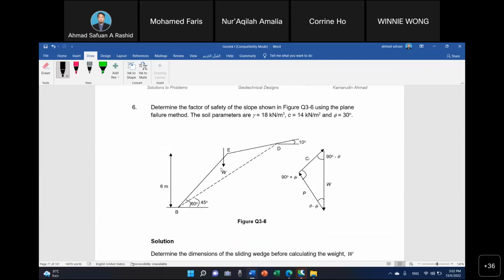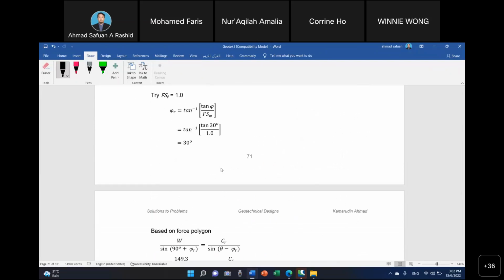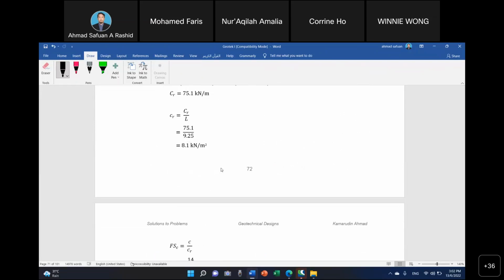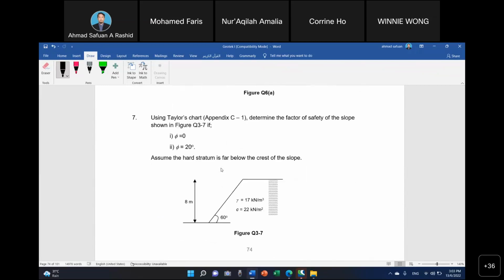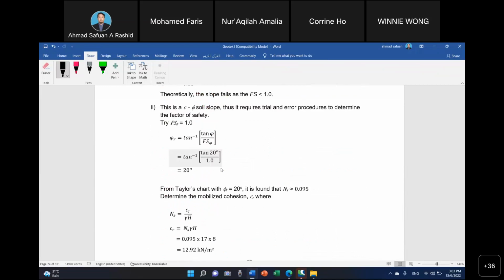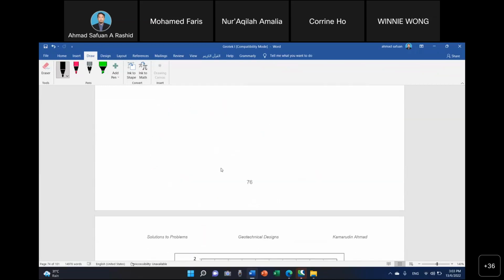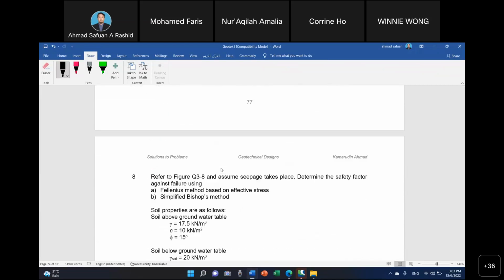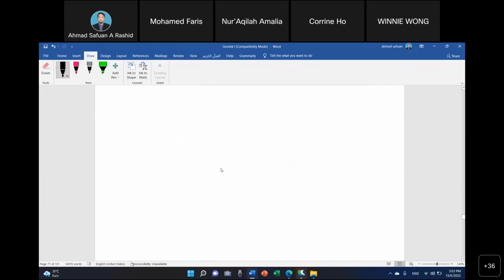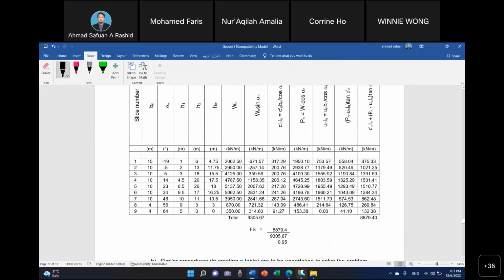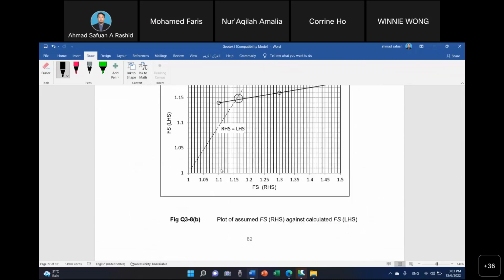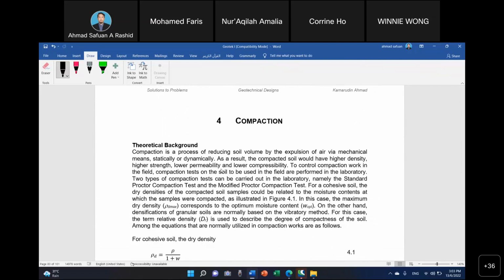This is number 6. This is number 7. This is number 8. Only number 8. How many examples in chapter 3 for the new book?